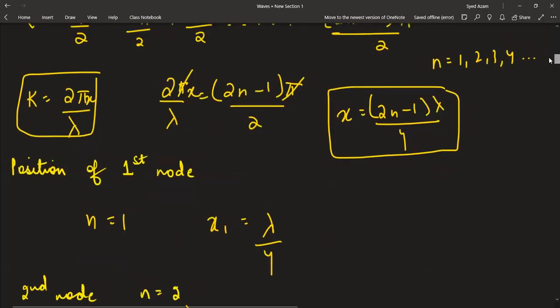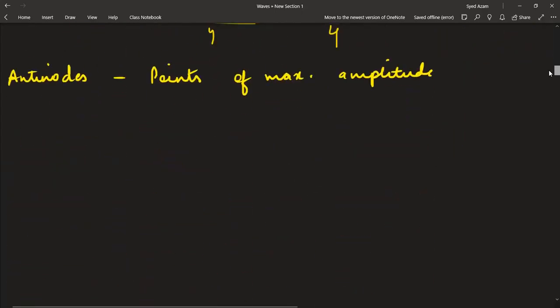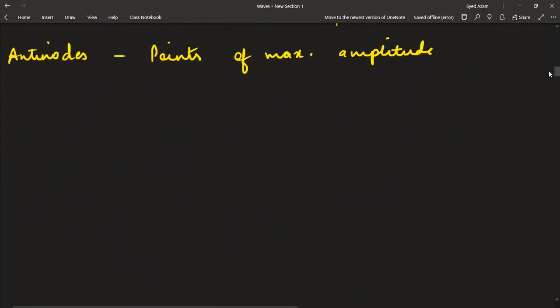Because at nodes you have minimum displacement. Now, at antinodes, you have maximum displacement. Maximum displacement means your 2a cos kx, which is basically the amplitude, is maximum.